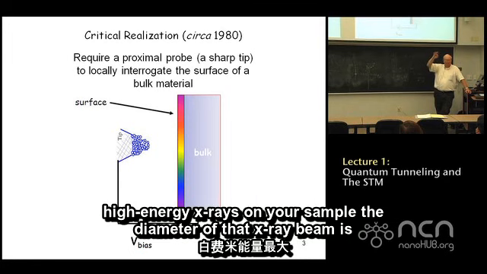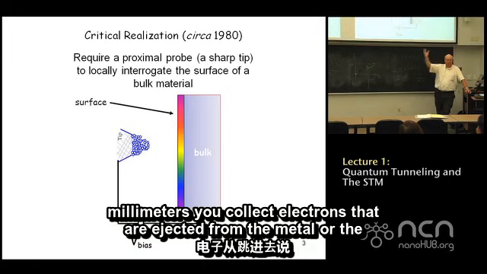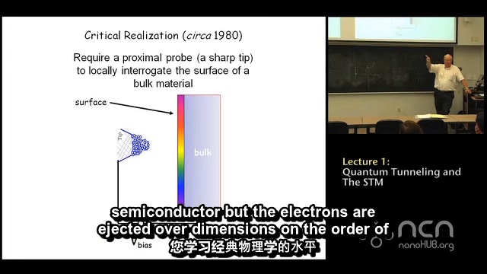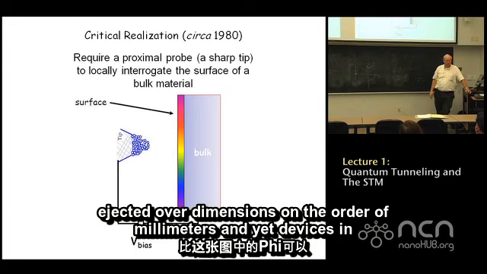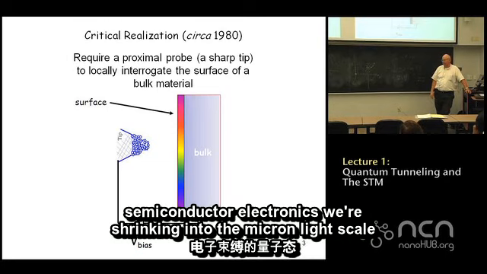The diameter of that X-ray beam is millimeters. You collect electrons that are ejected from the metal or the semiconductor, but the electrons are ejected over dimensions on the order of millimeters. And yet, devices in semiconductor electronics were shrinking into the micron length scale range, right?